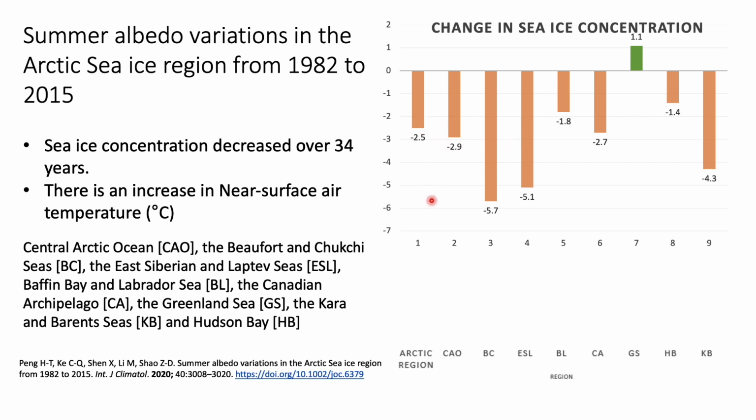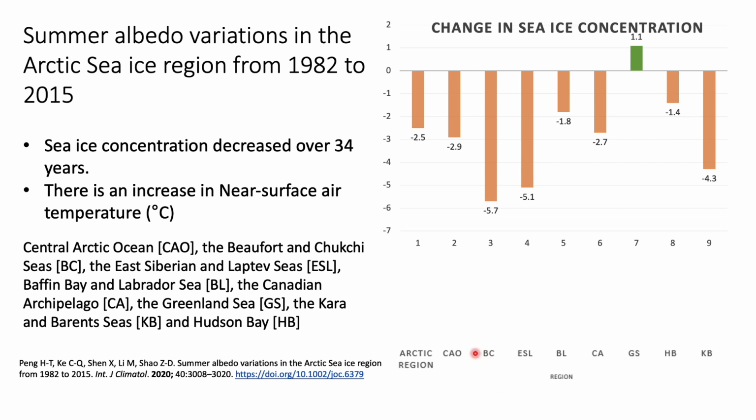Here again, if you look, the regions are similar to the previous one, except the Greenland sea ice, where the sea ice concentration had actually increased. In the rest of the area we have been studying, the concentration of sea ice had reduced dramatically.